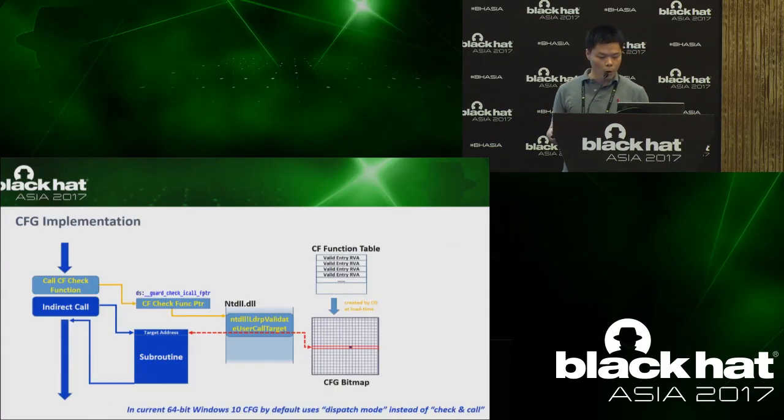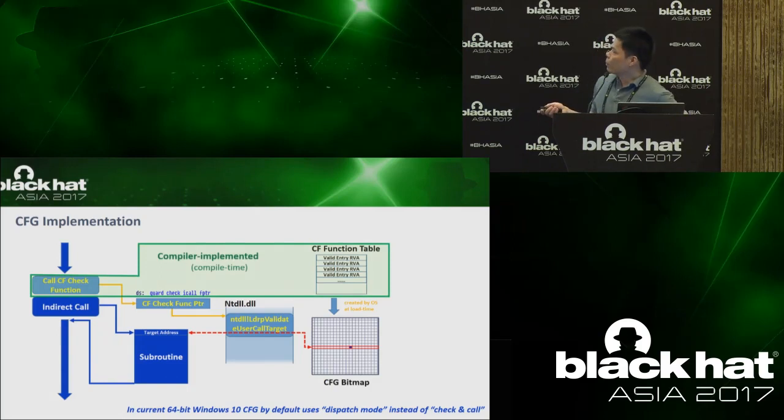This picture more or less reiterates what I just said with a little more detail. For example, the compiler inserts the guard check ICALL function pointer before each indirect call or indirect jump. The compiler also needs to generate the CF function table to list all the valid entry addresses.